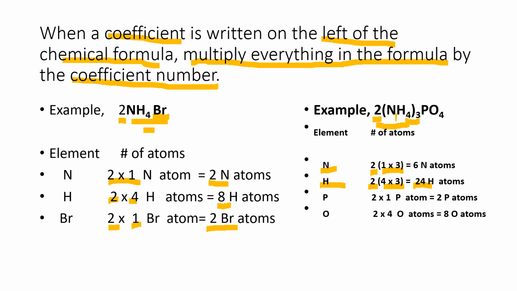Phosphorus has 1 subscript here multiplied by the coefficient. So 2 coefficient times the subscript 1 will give you 2 phosphorus atoms. The subscript of oxygen in the formula is 4. So multiply by coefficient, 2 times 4, is 8 oxygen atoms.